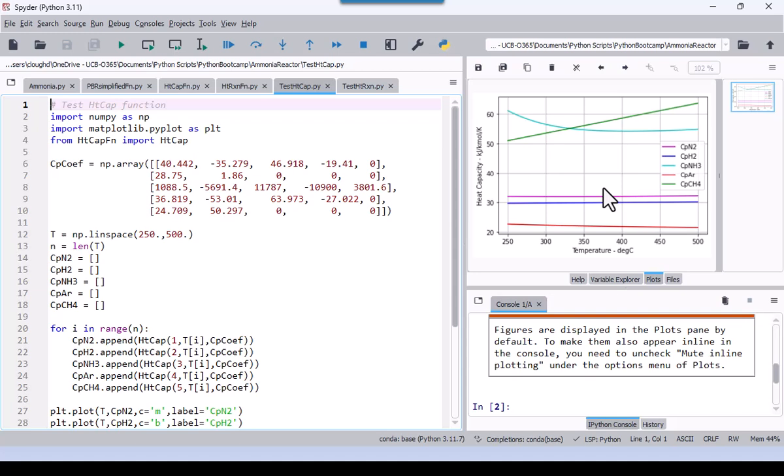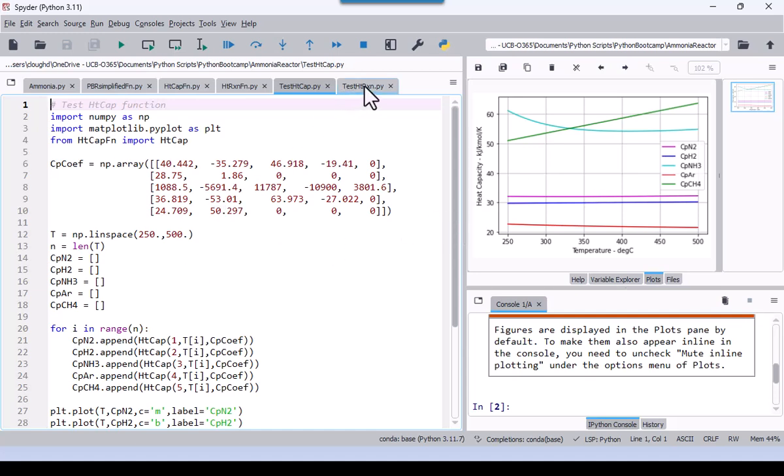So that sort of gives us a little bit of doubt in terms of our assumption of constant heat capacity. But we can look at these numbers, perhaps compare them to some values from a handbook or from the internet and see whether they make sense to validate our routine.